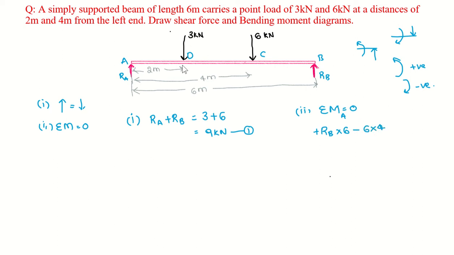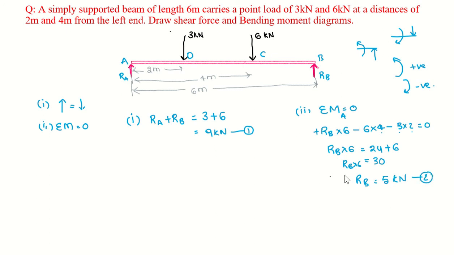Similarly, the downward force 3 kilonewton is also causing a clockwise moment, 3 kilonewton multiplied by 2 meter, so negative 3 into 2, equal to 0. Force into perpendicular distance, here also the same. So we have RB into 6 is equal to 6 into 4 is 24, plus 6, 30. RB into 6 is equal to 30. We have RB as 5 kilonewton. Take it as equation number 2.